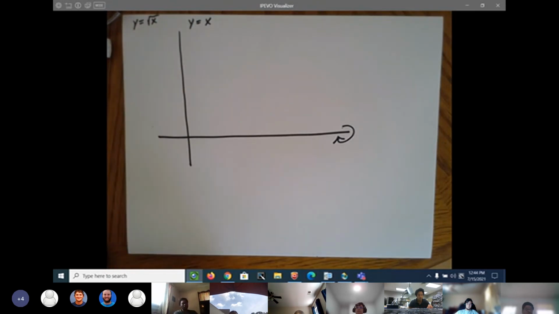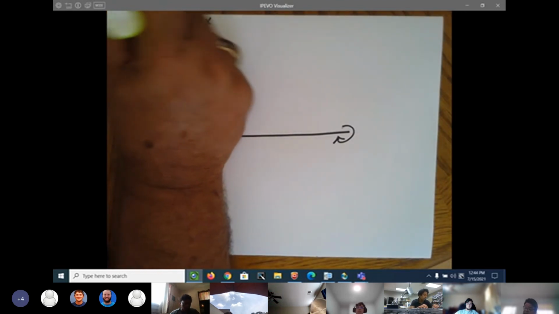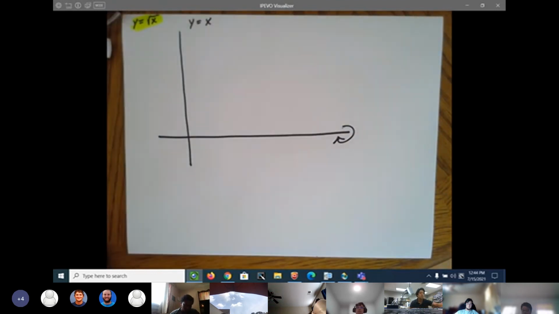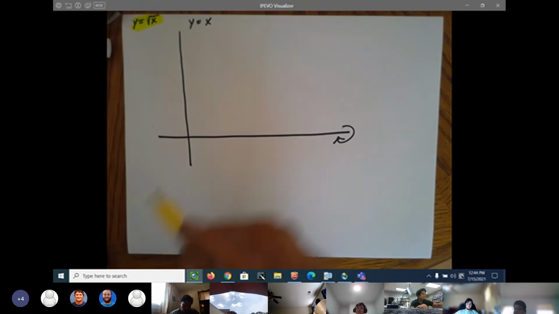So I'm going to take my handy dandy highlighter, and we're going to color this one yellow, and y is equal to the square root of x is basically this.